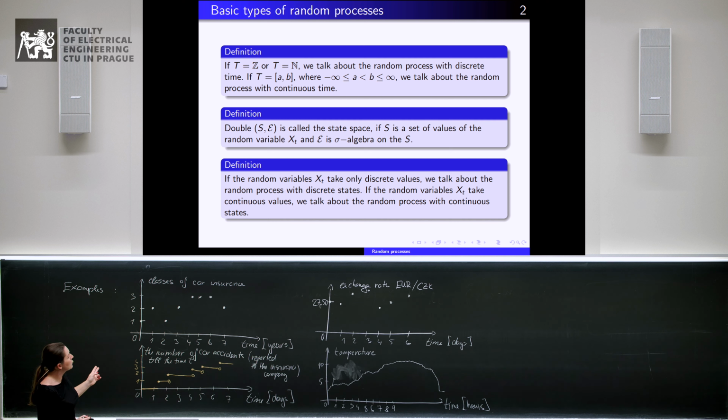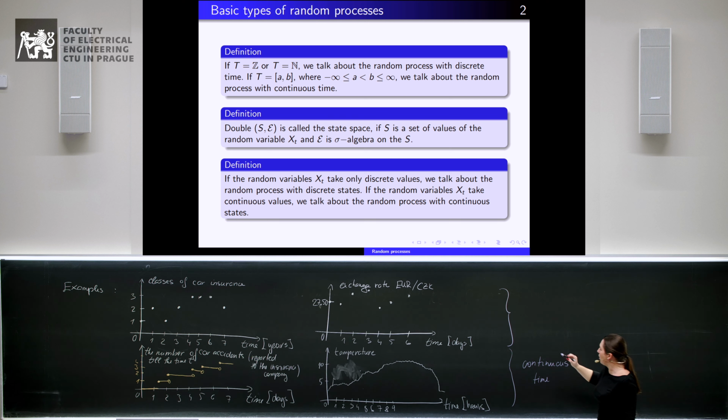So when we consider the index set T to be continuous, so it is the case of these two plots below, we talk about continuous time. In the upper plots, we talk about discrete time.